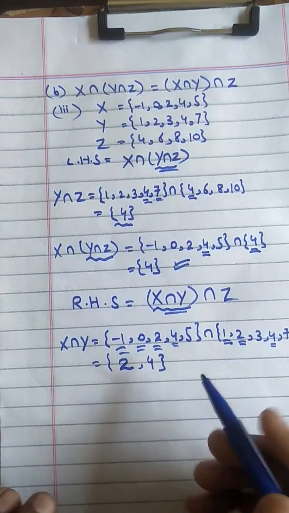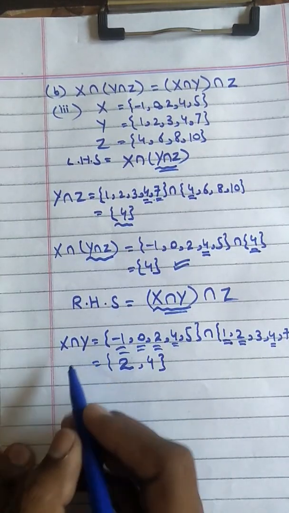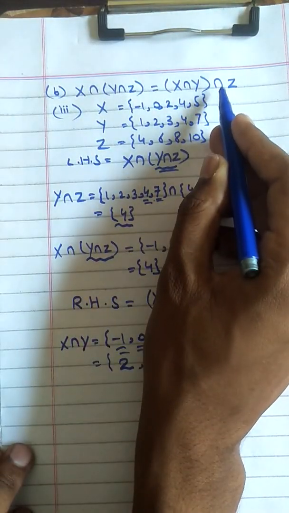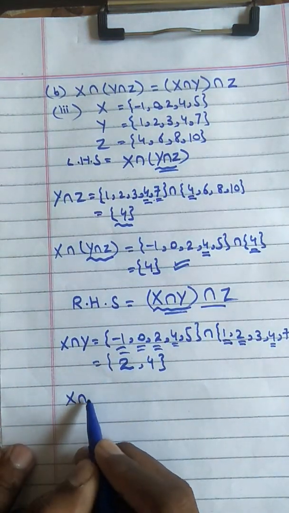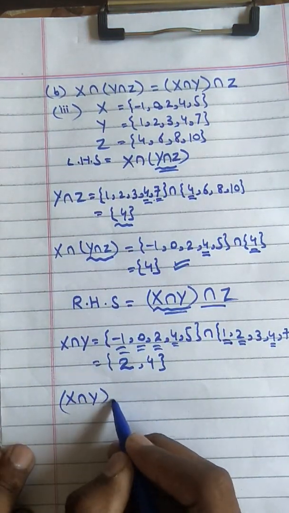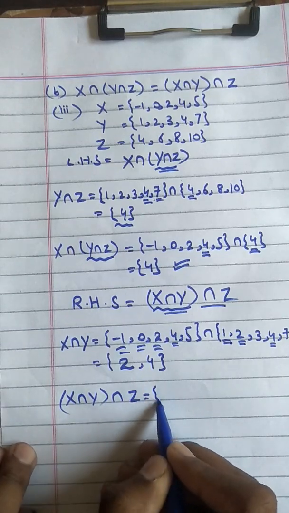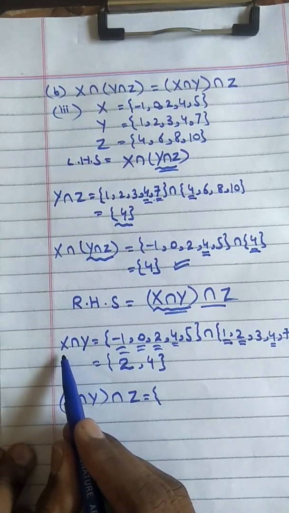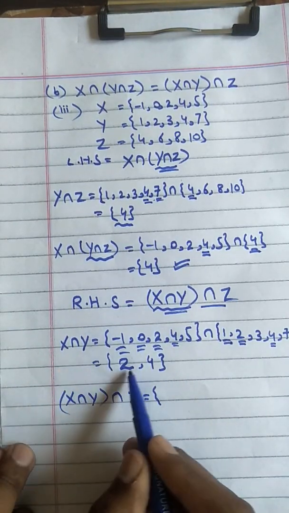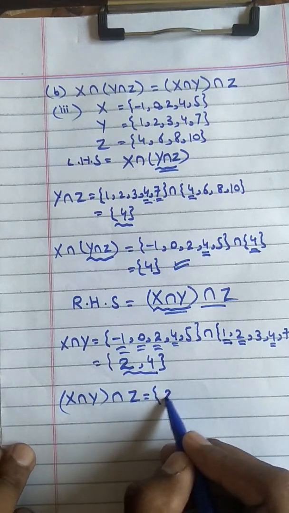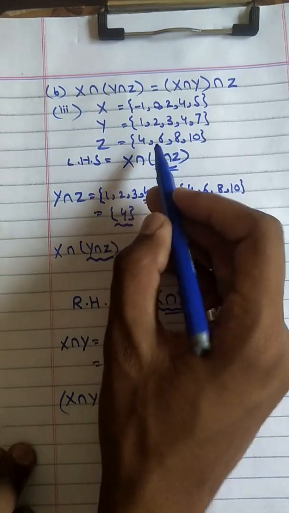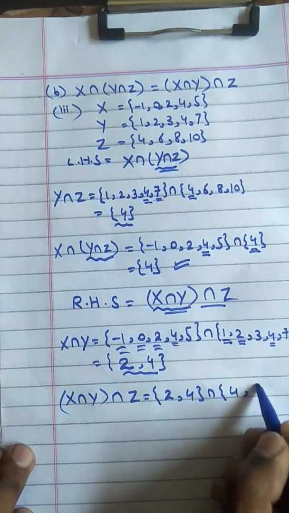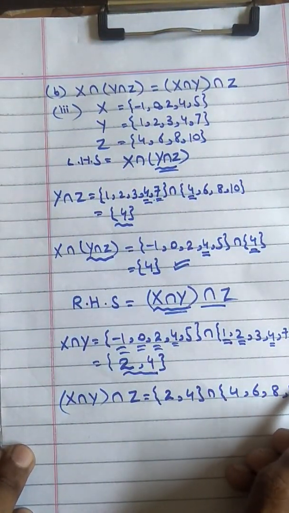As per the intersection rule, now take intersection with Z here. As the answer of X intersection Y is 2, 4, first write 2 and 4, then the intersection sign and write set Z: 4, 6, 8, 10.